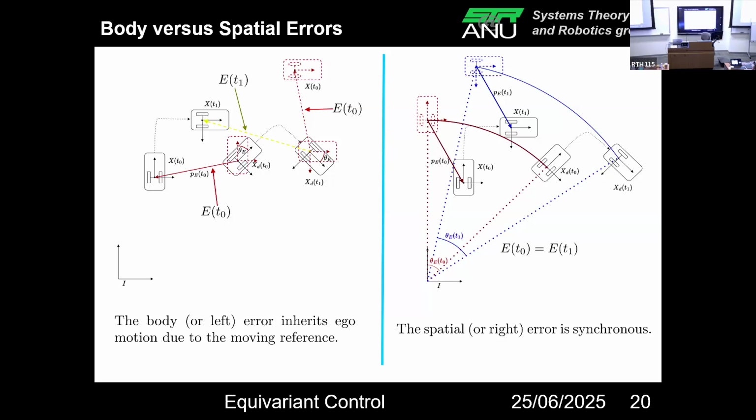So in fact, it's possible with the right invariant error, where you have XD transpose, if your XD trajectory goes to infinity in a really bad way, it's possible for you not to converge, but for the error to converge.